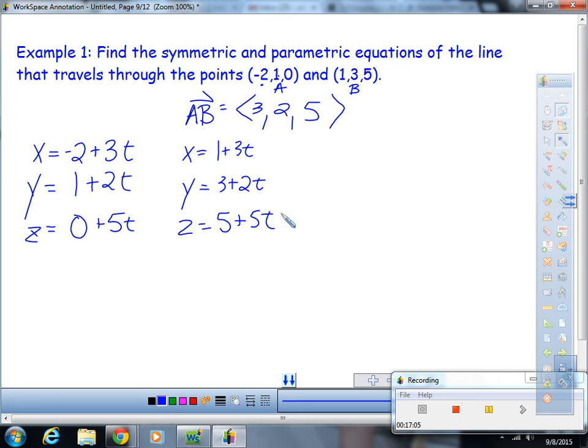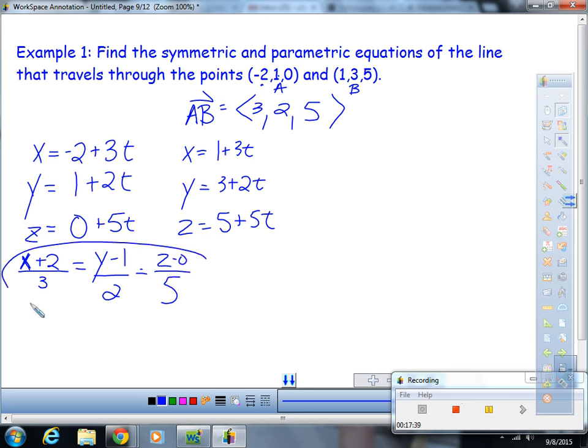If we wanted to do the symmetric equations, we would solve each one of them for t. Okay, so in this case you'd get x plus 2 over 3 equals y minus 1 over 2 equals z over 5. And this could be a correct symmetric equation.